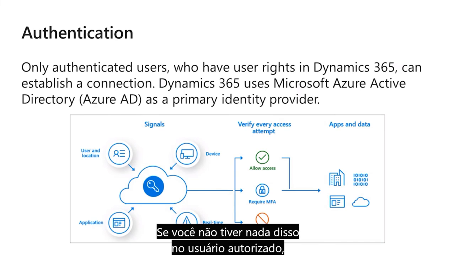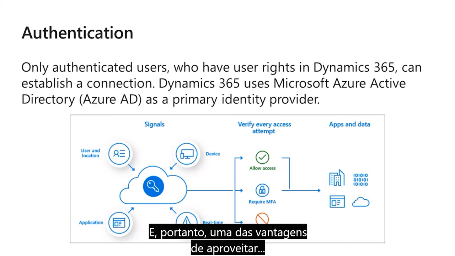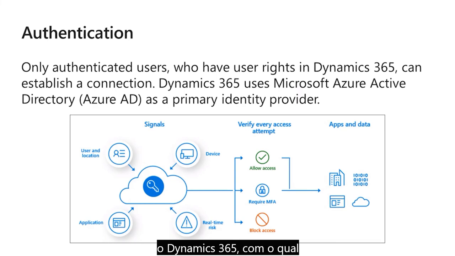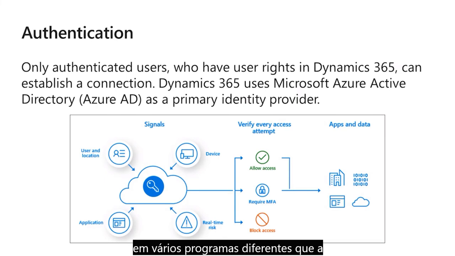If you don't have either of those in the authorized tenant, guess what? You're not getting in. And so one of the advantages of using Azure Active Directory for authentication is that Dynamics 365 is just another application they can interact with, because Azure Active Directory can be used across a number of different programs that Microsoft offers.